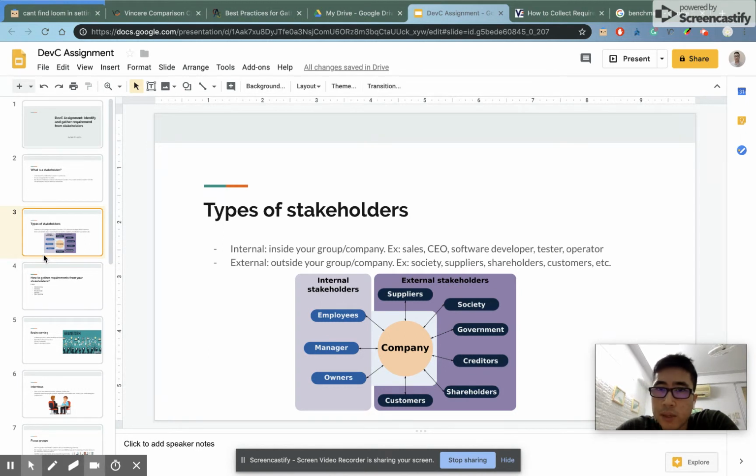Anyone who is involved in your project but outside of your company is called an external stakeholder. You can see here the suppliers, the society, the government, the customers, the observers, creditors, shareholders. They have so much impact on the project, but they are not in your company, so they are called external stakeholders.